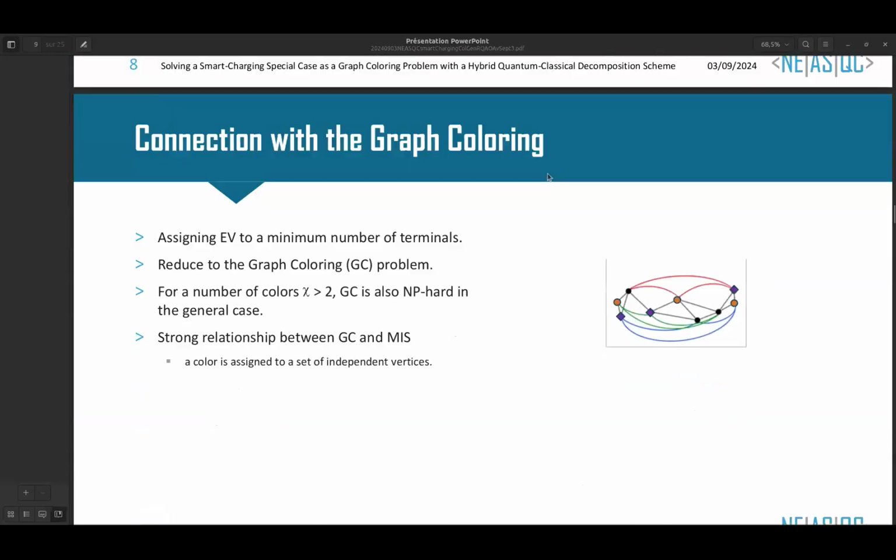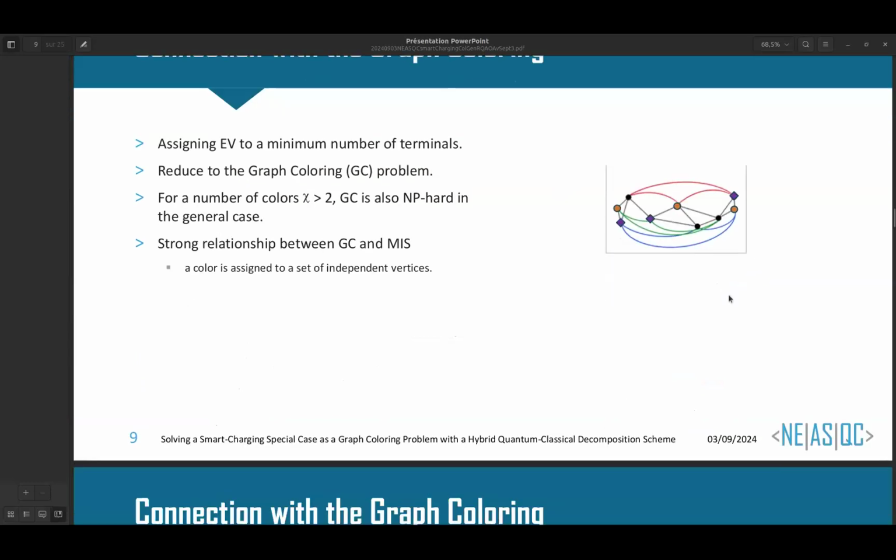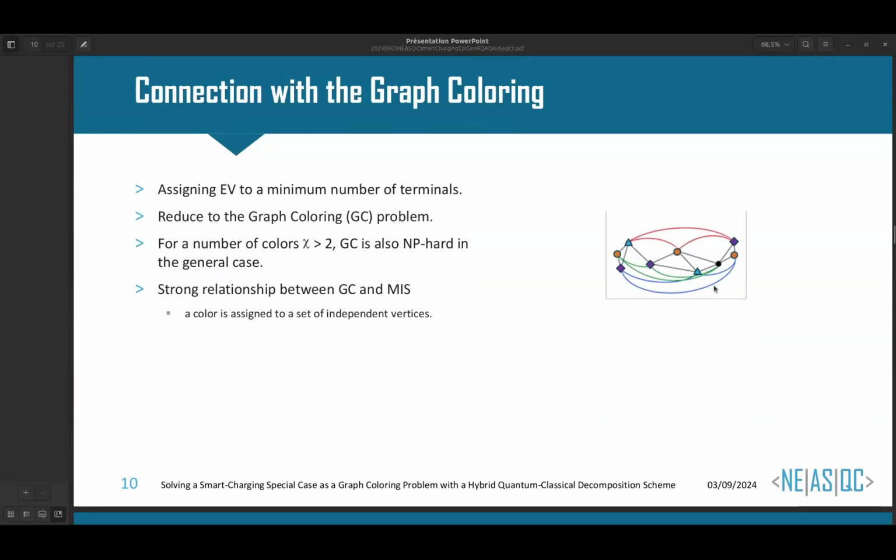So we have a second independent set in orange. And then we could define a third independent set, which has a smaller cardinality, it's 2. And this graph is colorable with 4 colors, especially because the last black vertex needs an extra color.